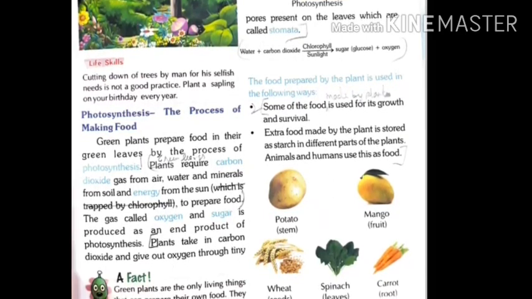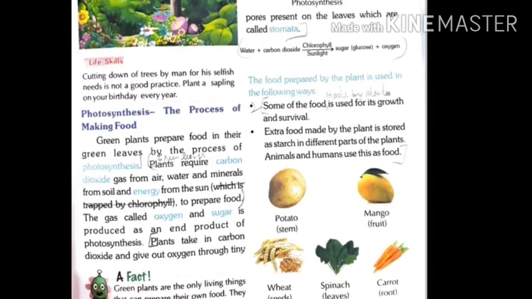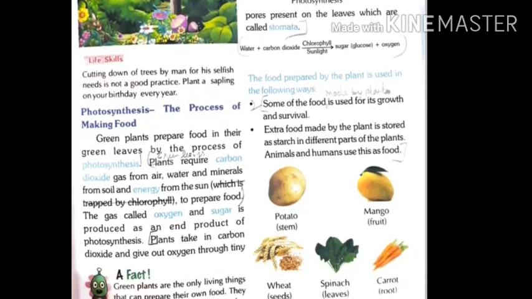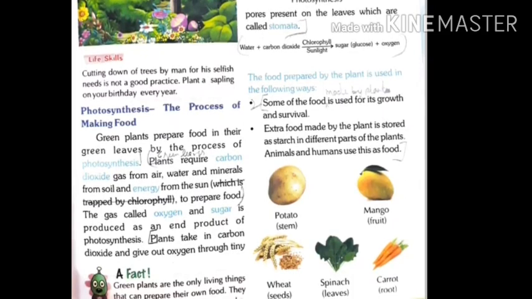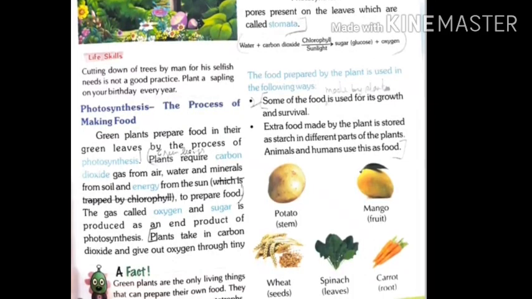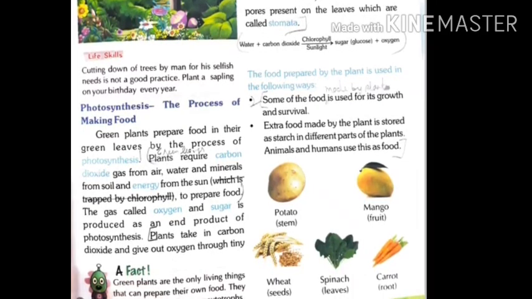Animals and humans use this as food. Means the food which we take from the plant, that is the extra food made by the plant, is stored in the form of starch in the different parts of the plant.